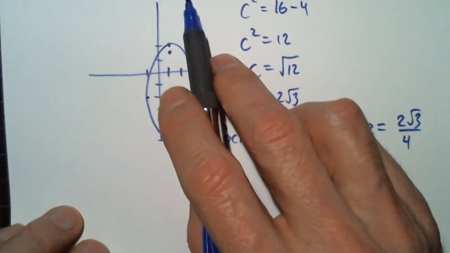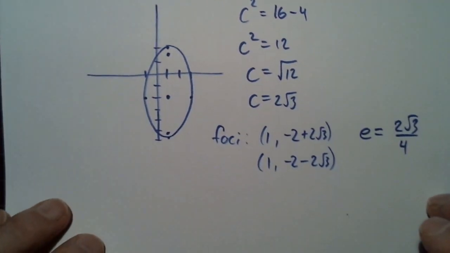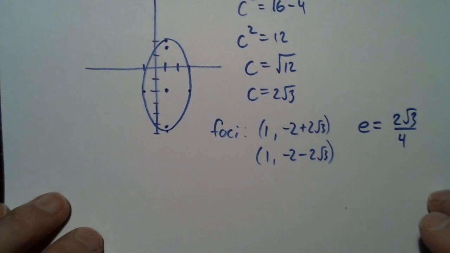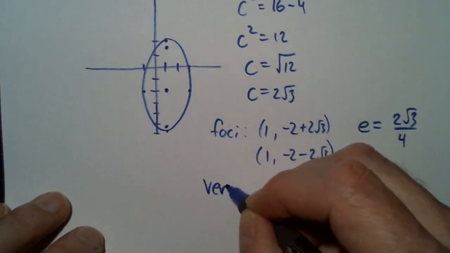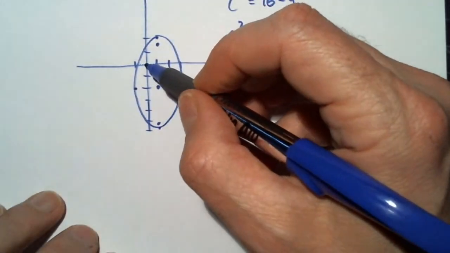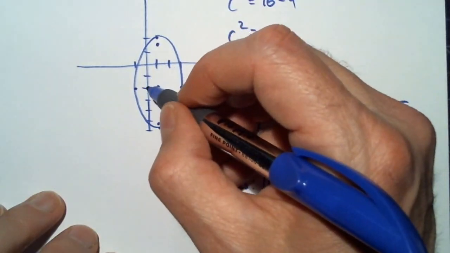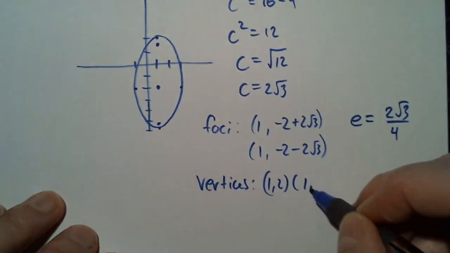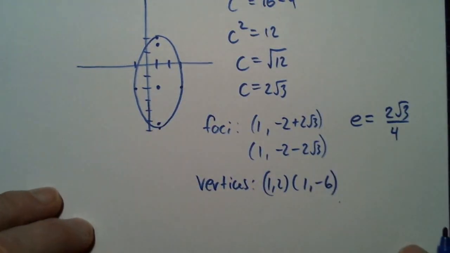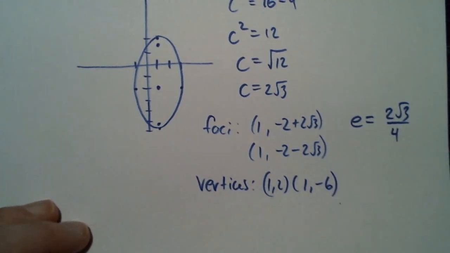It's going to be the square root of the larger denominator. And the vertices are 1, 2, and 1, negative 6. And we'll stop there.